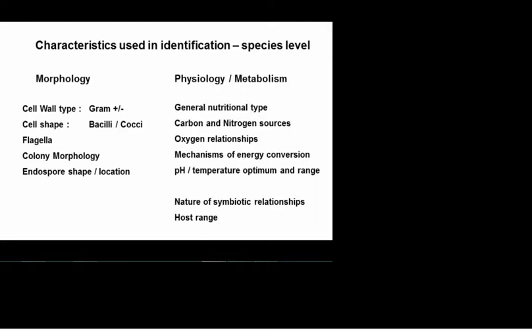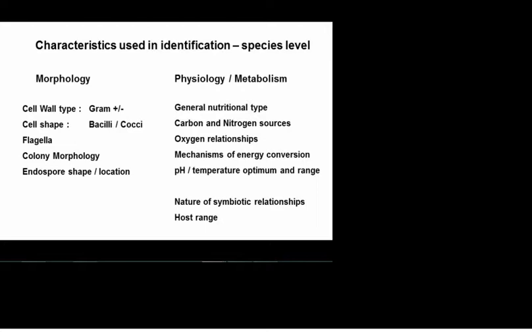So their general nutritional type. What does that mean? Heterotrophic, autotrophic. Do they need organic carbon or not? Are they photosynthetic? If they require organic carbon, what can they use? What types of sugars can they survive on, or, I don't know, citric acid, something like that.